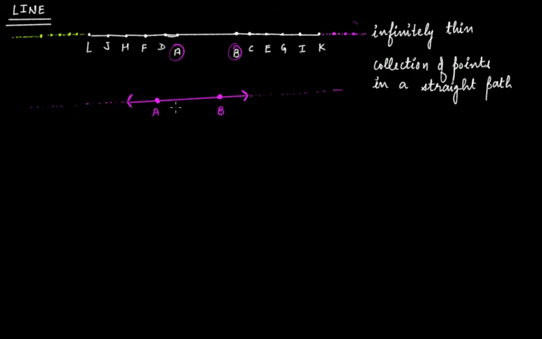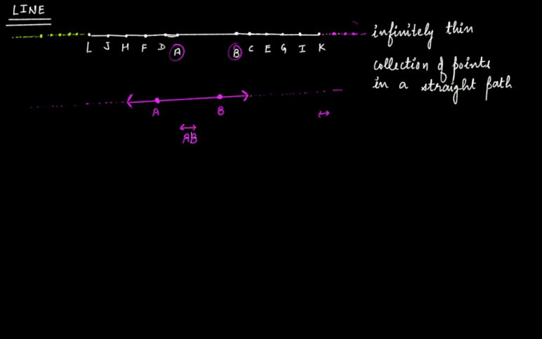So if we draw a line between these 2 points, A and B, then you'll always represent it as AB. That is, these are the 2 points using which you have drawn your line, and you put a line above them like this. To represent a line you use this mark, and that's what you have placed here.